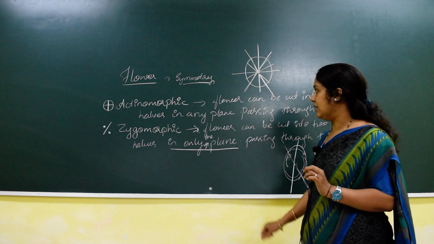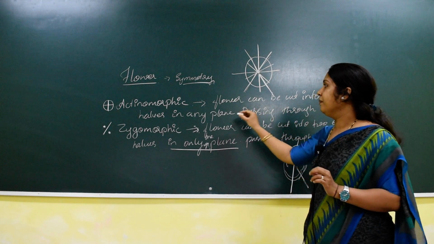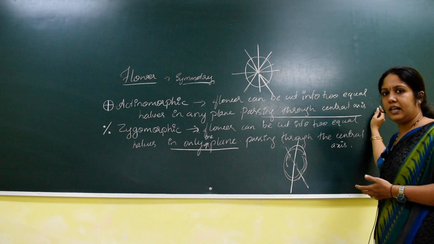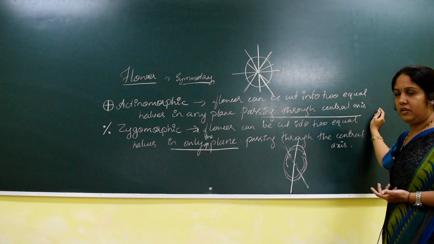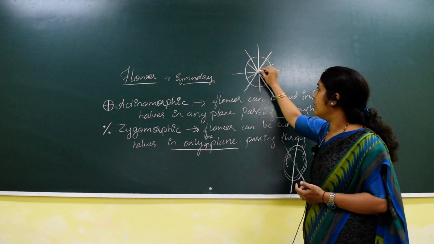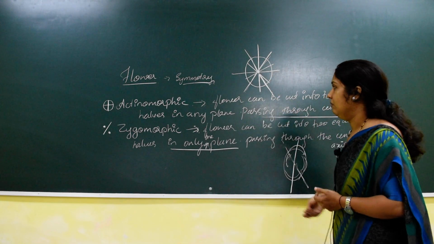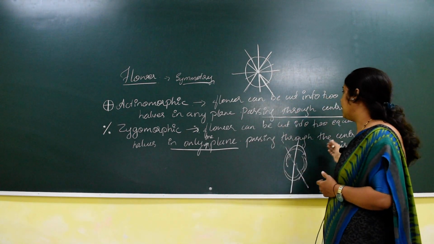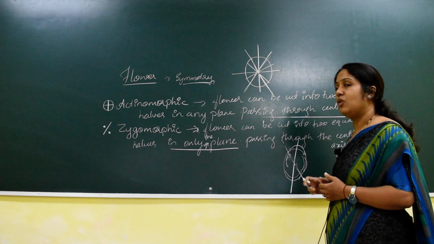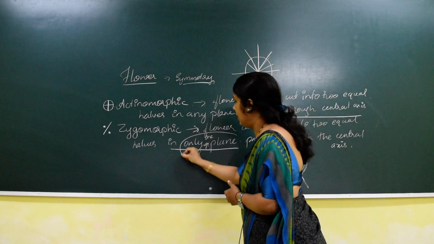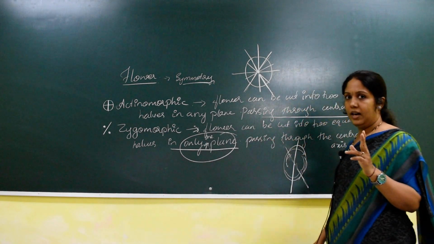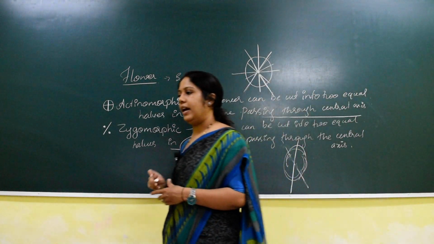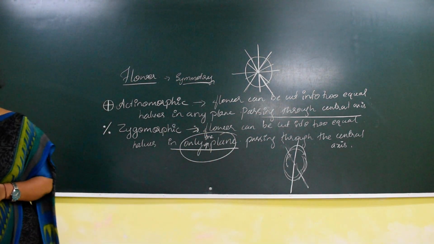You have to complete the sentence: it can be cut into two equal halves in any plane passing through the central axis, central line or central point of the flower. That is called actinomorphic. Whereas zygomorphic is a flower that can be cut into two equal halves in only one plane passing through the central axis. So that is about the actinomorphic and zygomorphic flower.